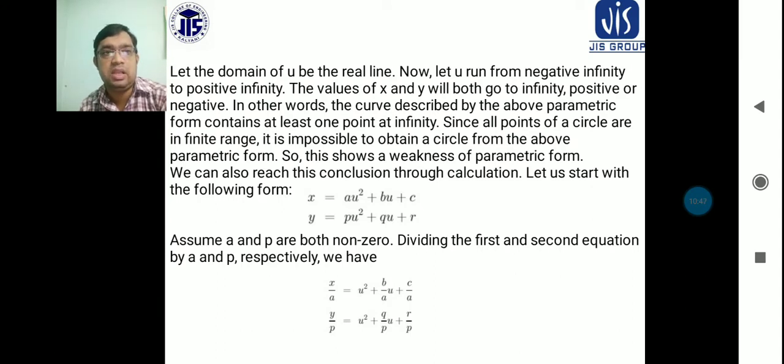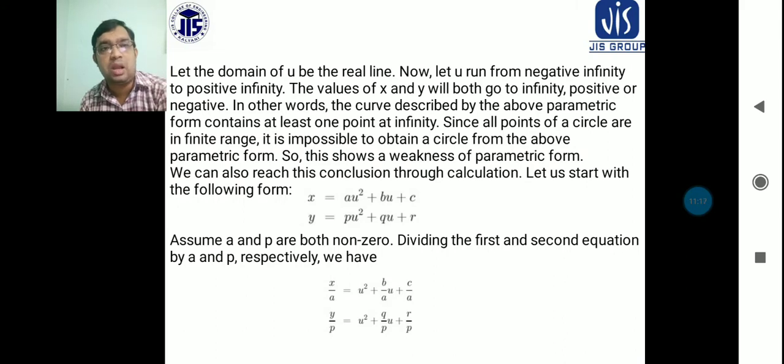You have to draw this, and this has an infinite range, and it is impossible to obtain a circle from the above parametric form. So this shows a weakness of the parametric form, and we can also reach this conclusion through calculations.